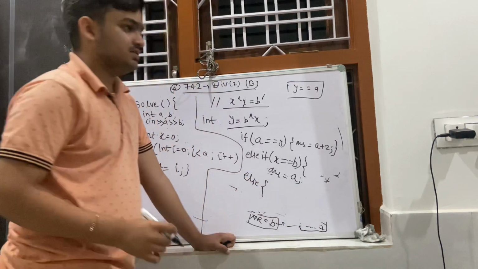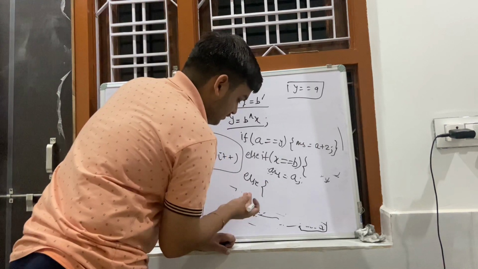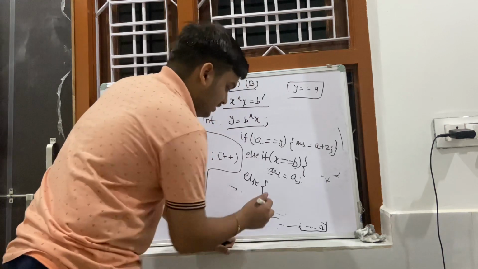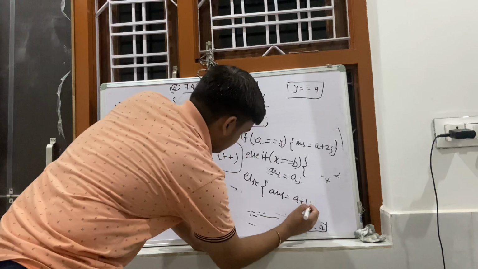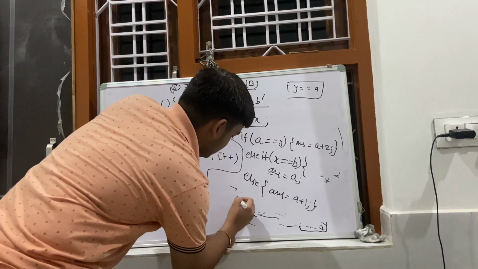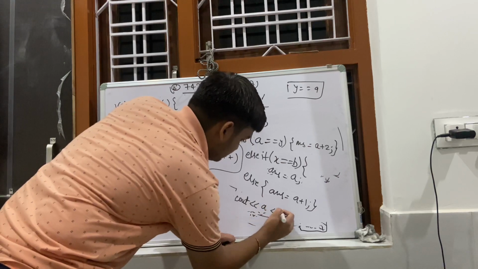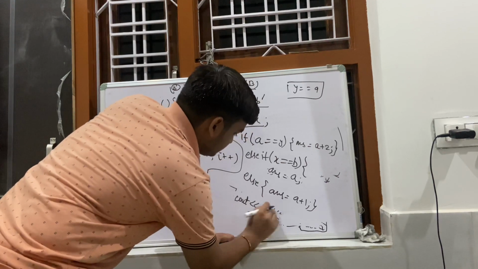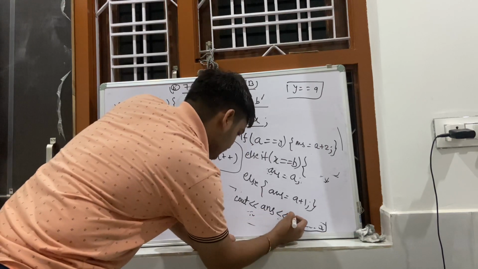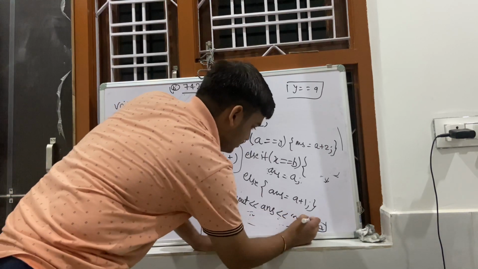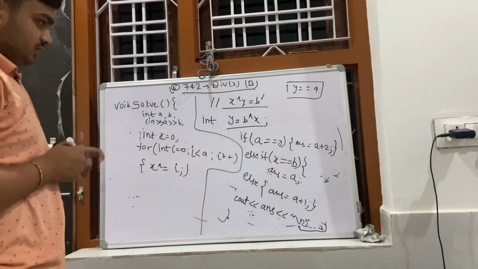In the other cases we need to include only one element to get the XOR value I wanted, so the answer will be A plus 1. So from here I directly return the answer, which will give you the correct AC. So this is basically the solution for that question.